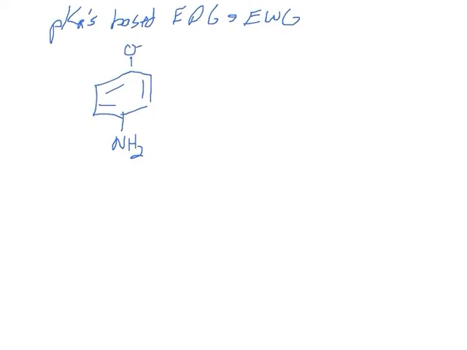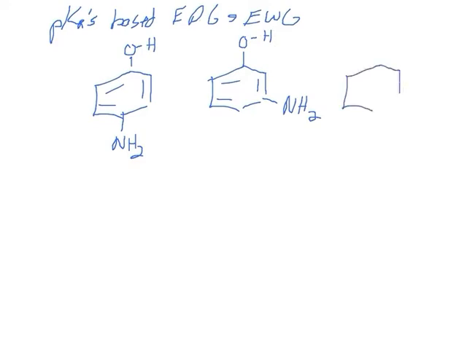There's an OH. I'll do another one with NH2 in the meta position. It's similar to a homework problem. One of the homework problems had a nitrile. This is going to be a little different.